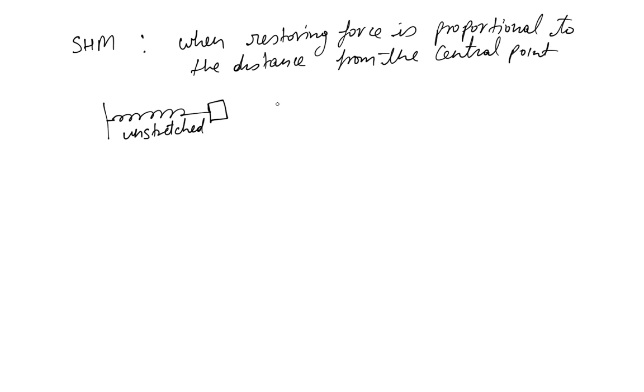But if you stretch the spring such that it starts oscillating, let's say this is the mean position or the central point, so that it oscillates up and down, you know that at any point which is at a distance x from the central point, the force produced by the spring is nothing but minus kx according to Hooke's law.